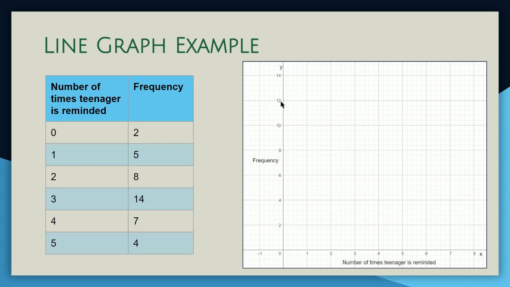So when you're numbering your axes, the first thing is that the gap between each grid line, each labeled axis, needs to be the same. So on the x-axis, I'm counting by ones, 0 to 1, 1 to 2, 2 to 3. On the y-axis, or frequency axis, I'm counting by twos, 0 to 2, 2 to 4, 4 to 6.